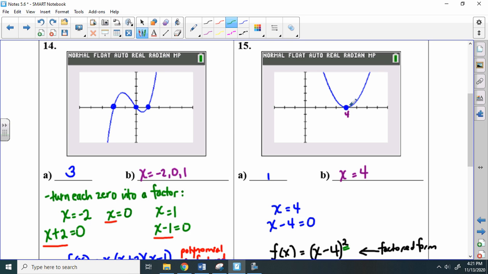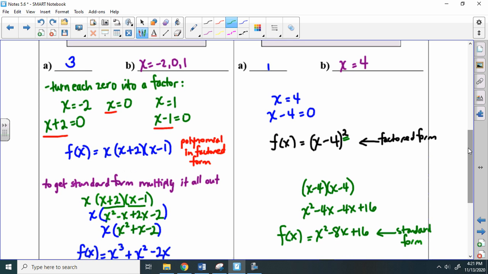But over here, this particular solution, or zero, did not cross through the x-axis. It kind of touches it and then bounces and goes back up. We're going to talk about how you can determine what happens on the graph just based on the factors in a second. That's called multiplicity.